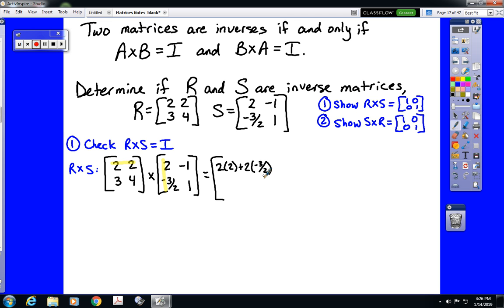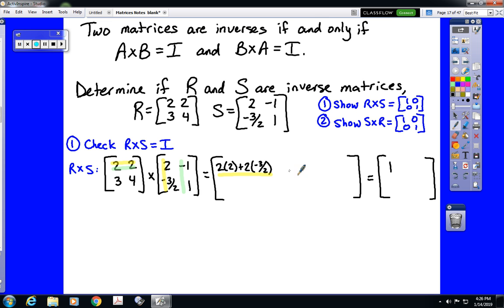Now, it is worth noting that we should check as we go to make sure that each entry here matches the identity matrix. That is 4 plus negative 3, which would be 1. That's what we're trying to show, so we continue. So then, that was the yellow here, we would do row 1 times column 2.